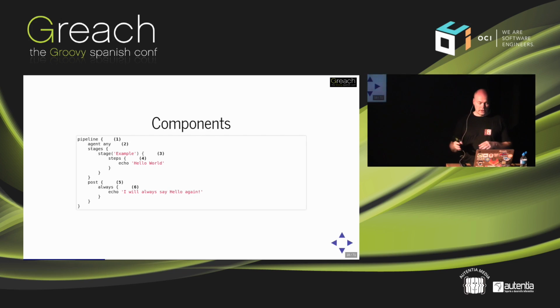Do you want it on a Windows or, like in this, any? Then there's the stages, and each stage again has steps, and the steps are defined exactly like in the scripted pipeline. One nice thing here is that they have the post construct that makes it easy to do things in case of errors, or like here, always. So that part I really like about the declarative pipeline.